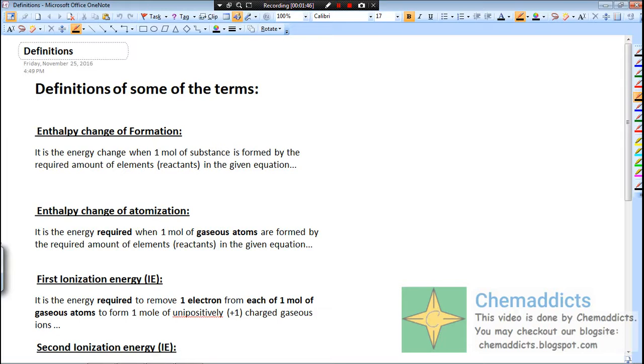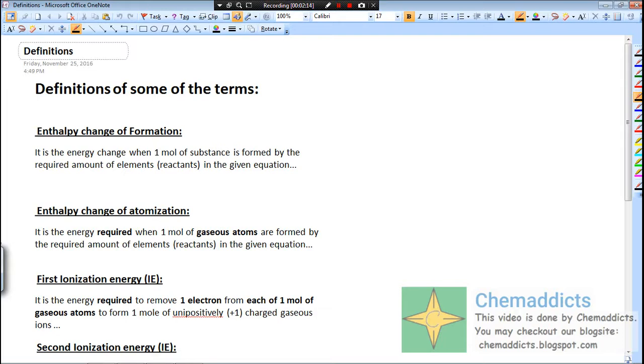It is the energy change when one mole of substance is formed by the required amount of elements, that is the reactants, in the given equation.